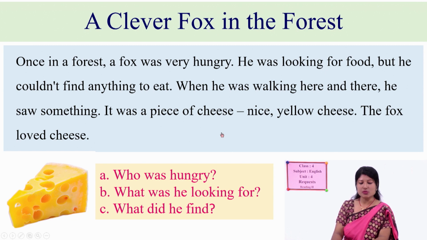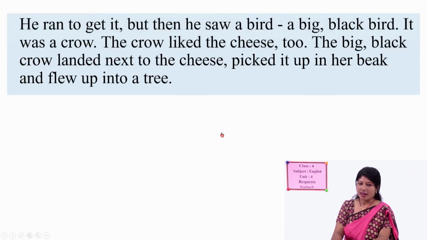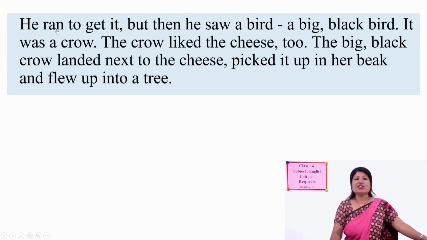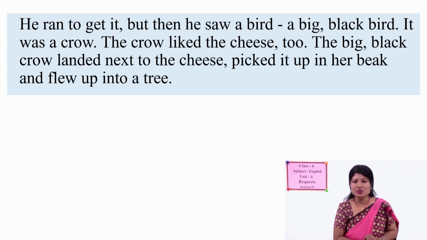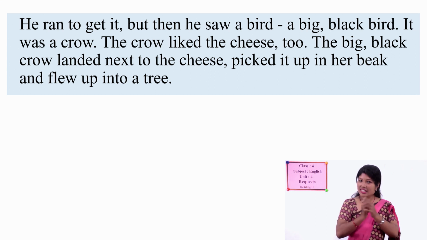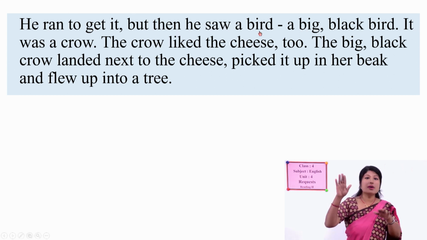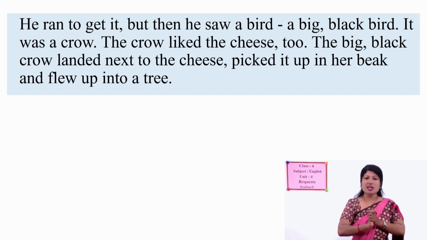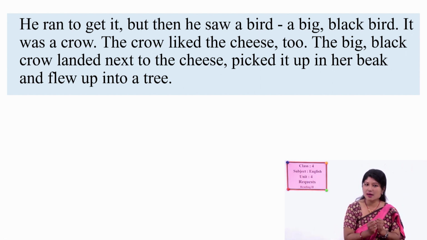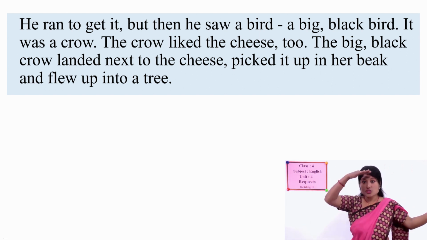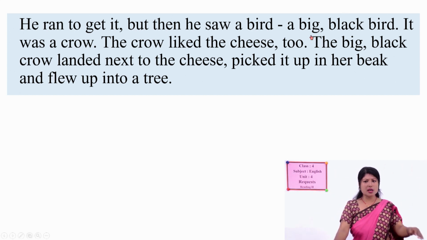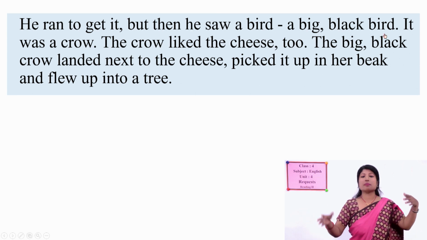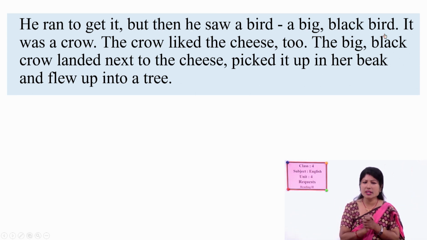Okay, now let's move to the next paragraph. He ran to get it. Quickly ran to get it, take it. But then he saw a bird. Okay, he ran to the cheese but saw a bird. And the bird was a big black bird. Can you make a guess?